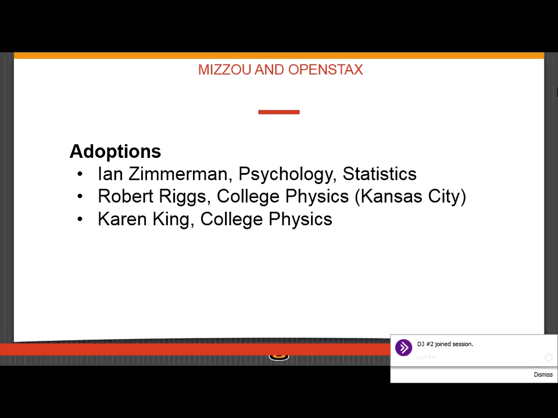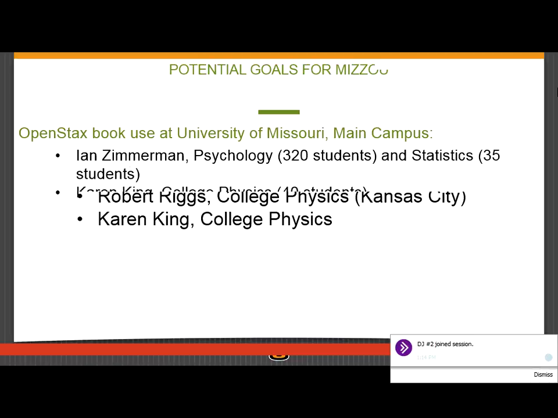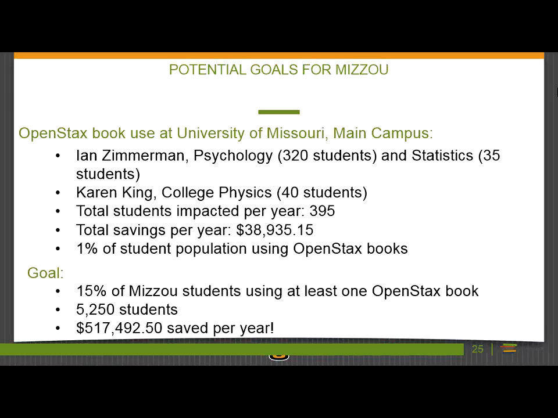Here we have 3 faculty members using an OpenStax book. One is over at Kansas City, and then Ian Zimmerman and Karen King are both here. And they're in psychology, statistics, and physics. And I think the savings that they've been able to do have been fantastic.